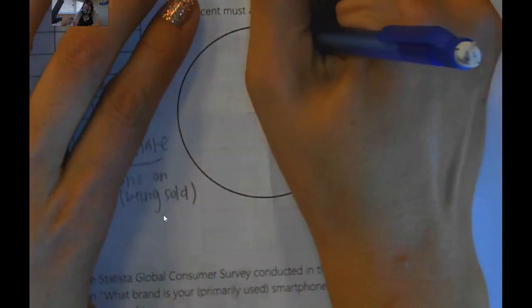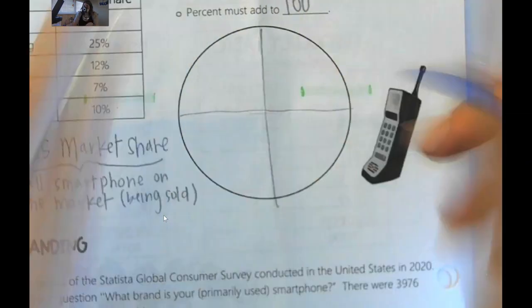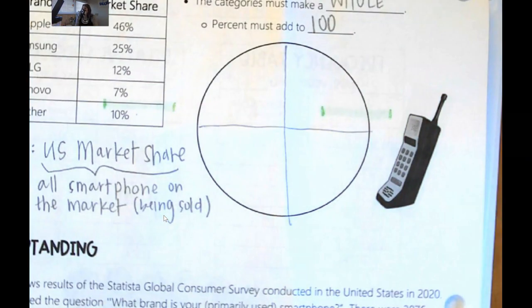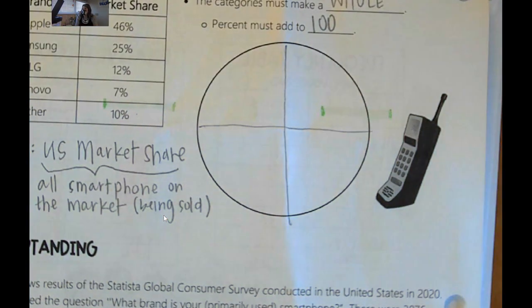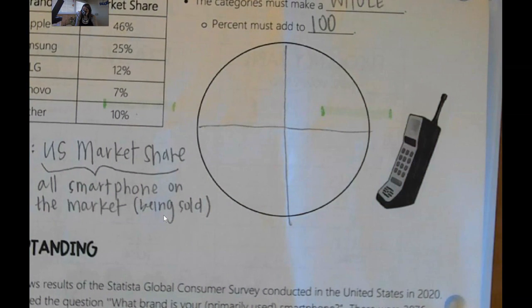The other thing that makes it really helpful is it cuts your pie into 4 sections of 25. So now I know each one of those parts of my pie chart is 25%. You're okay there?